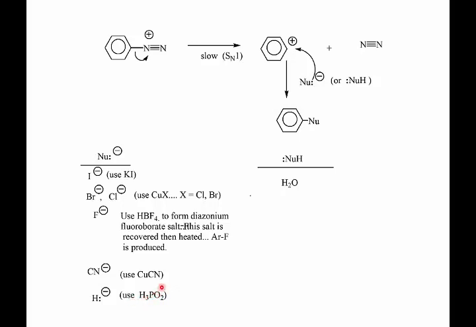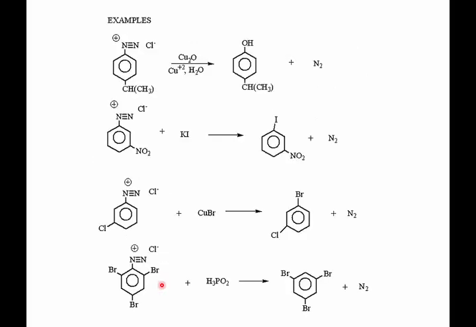All right, let's go to the next slide and show the overall reaction of the diazonium with the nucleophile to give the final substitution product. This looks sort of complicated because it's got a mix of copper species in here.